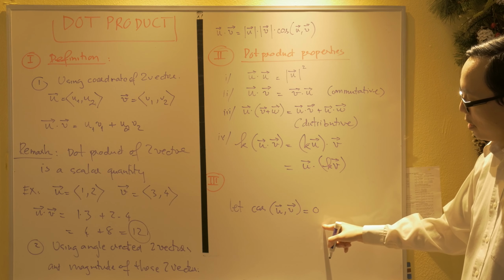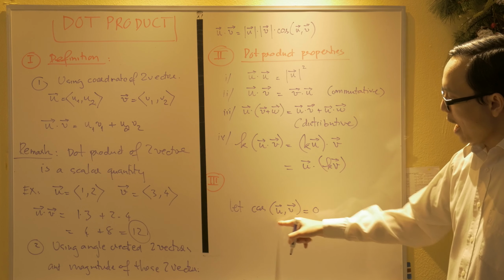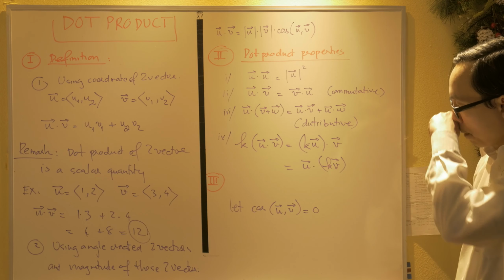Anyone can tell me what the angle created by vector u and vector v will be such that when you take the cosine it gives you 0? How many degrees?